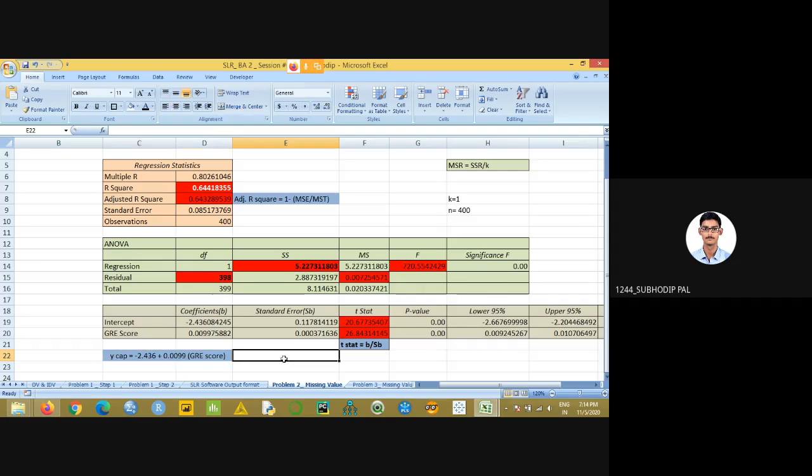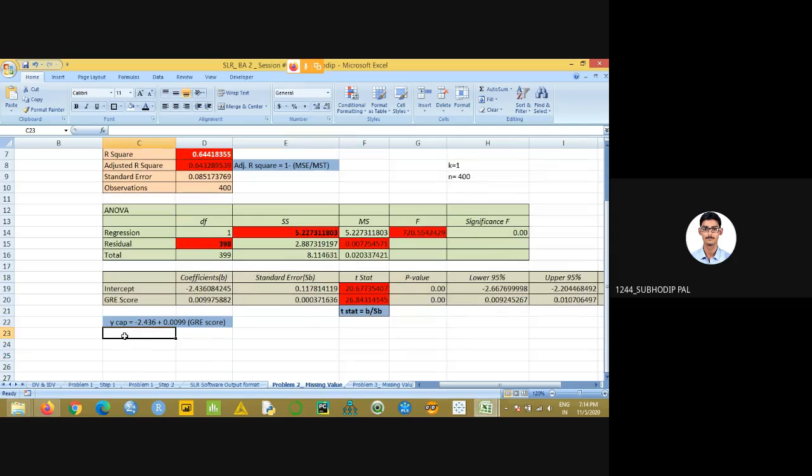My dependent variable here is chances of admission. Minus 2.436 will be common, and then the GRE score, and the chances of admission will depend majorly on the GRE score.